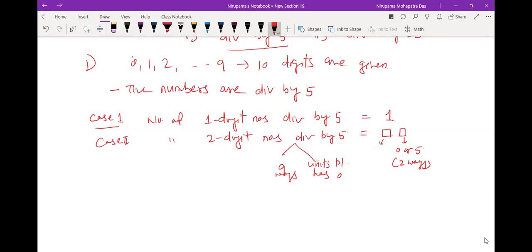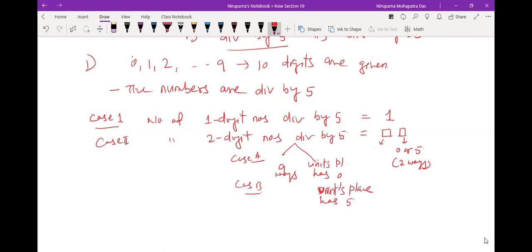Case B: 5 in the units place. I can write like this: units place has 5.